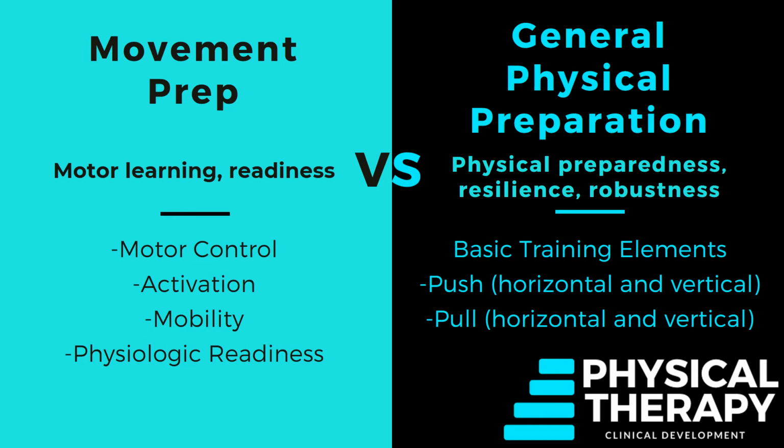Now, I want to touch on one key component here of why we prioritize GPP and why I use the words resilience and robustness. So when we look at a lot of musculoskeletal pain, usually what we find is it's a product of a patient doing something that they just weren't physically prepared for. Okay, so they've got functional capacity demands, and then they have their current capacity.